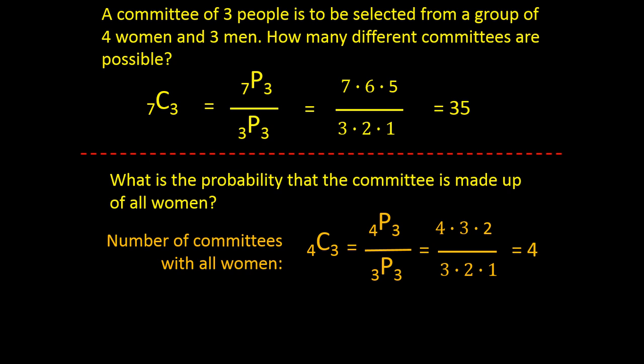So there's only 4 ways we can make a committee with all women, but we want to know the probability that the committee has all women on it. So we need to take that 4 and divide it by the 35 in the sample space to get the probability that the committee has all women.